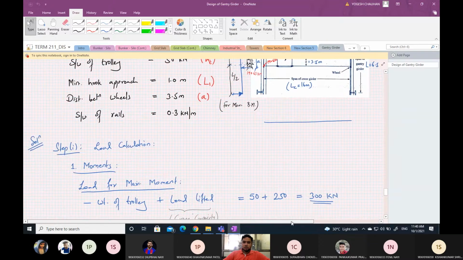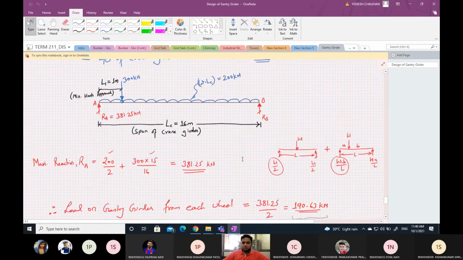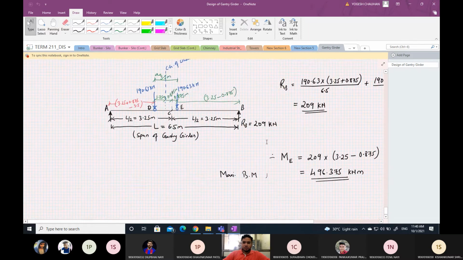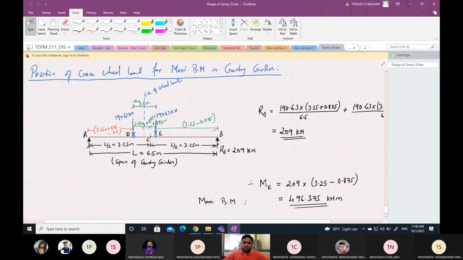The position of the crane wheel load which gives maximum moment is shown here. That is when the CG and the line of action of the nearest load are at equal distance from the center of the beam. For this position we get the reaction at V as 209 kilonewton, and the moment due to this position of the wheel load will be 496.375.